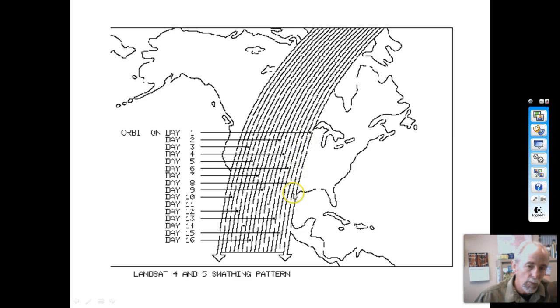So on day 1, and then the next pass would be right here. So it's like you could take this whole swath. This is a 16-day swath, and shift it to the right every orbit, right? So on day 2, you get the idea when you look at this. This gives you some sense, though.